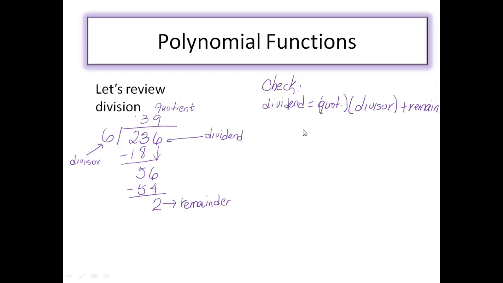The quotient in this case is 39 times my divisor, which is 6, plus 2. And if you use a calculator, or if you want to multiply it out, this is 234, and you add your remainder, you get 236. You get your dividend. So this means that this division is correct.